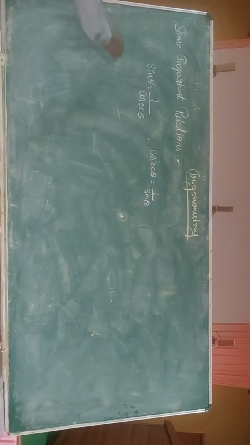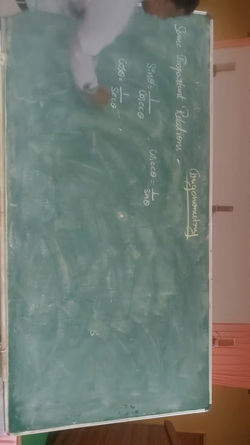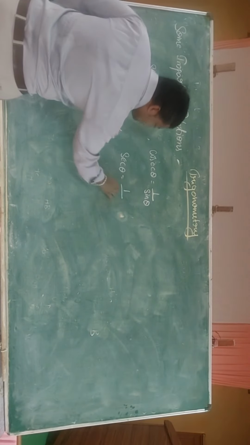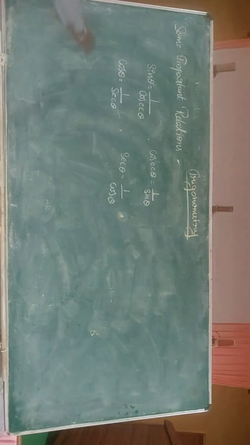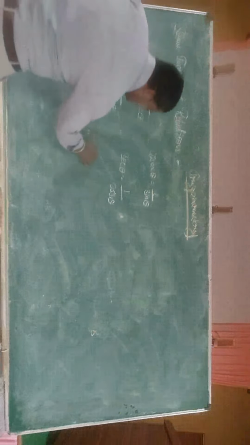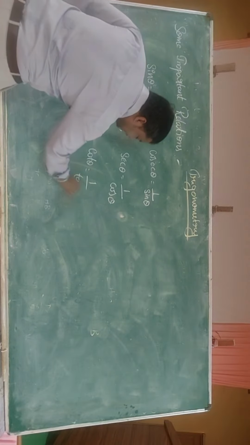Now cos theta is the reciprocal of sec theta, and sec theta is the reciprocal of cos theta. Tan theta is the reciprocal of cot theta, and cot theta is the reciprocal of tan theta.